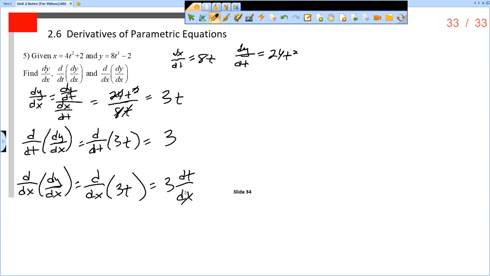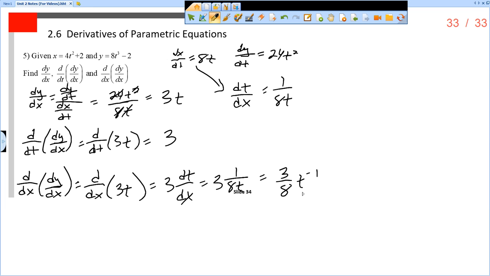But what is dt dx? Well, dx dt was 8t, so if you take the reciprocal, dt dx would be 1 over 8t. And so I get 3 times 1 over 8t, or 3/8 t to the negative first. And that is slide number 34.